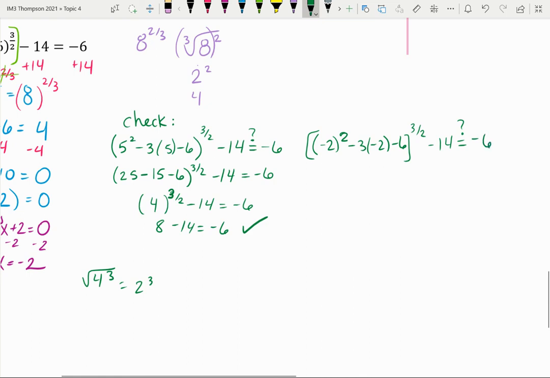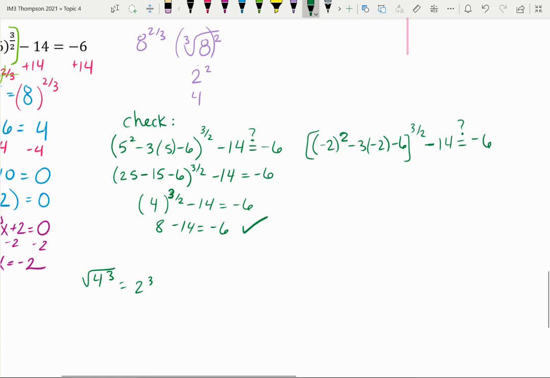Did I plug that in right? Whew. Yes. So many steps in here. Really go slow. Little pieces at a time.